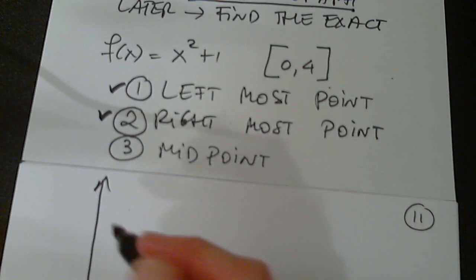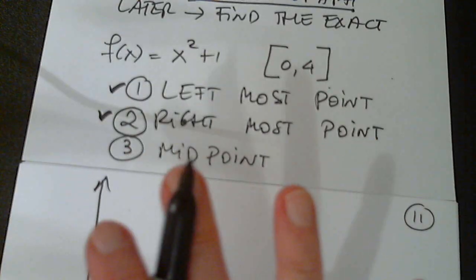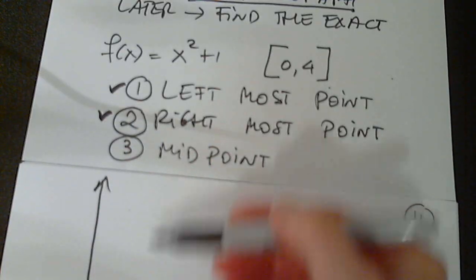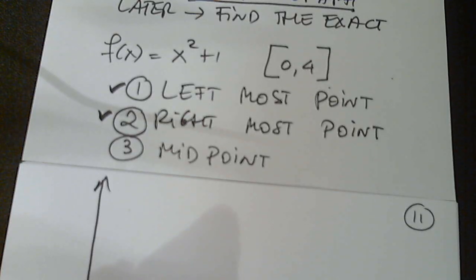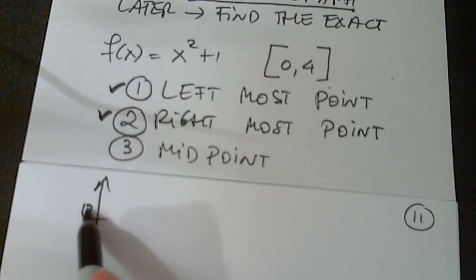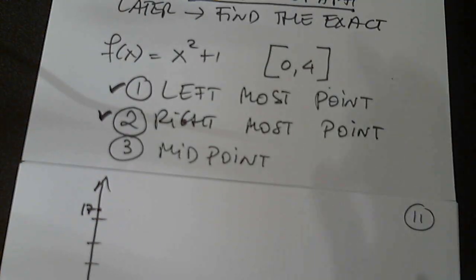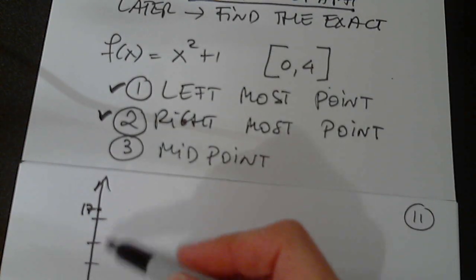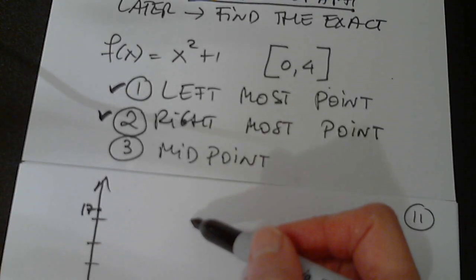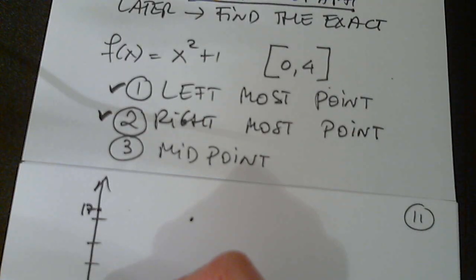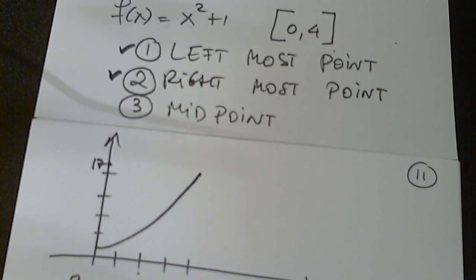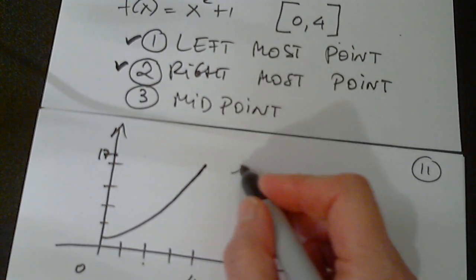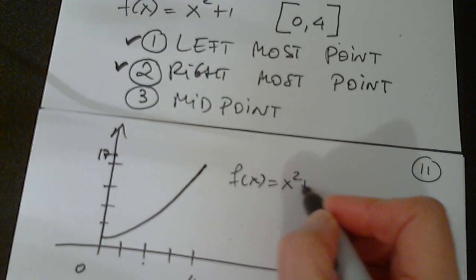I'm just going to graph it without points because I cannot go 17 units up, unless I say 4, 4, 4, 4, and this is 17. That's fine. Okay, so at 4 it is 17, and here's the graph. This is a graph of x squared plus 1.